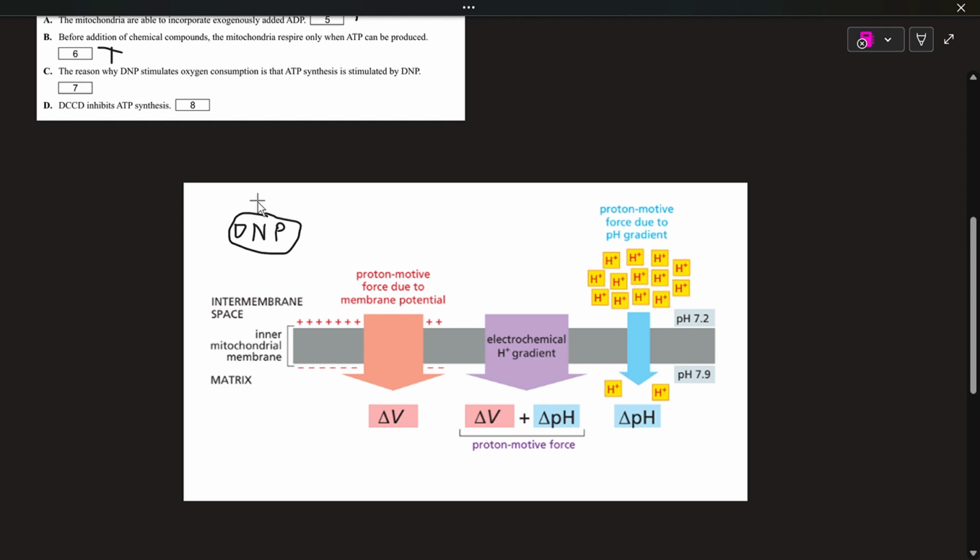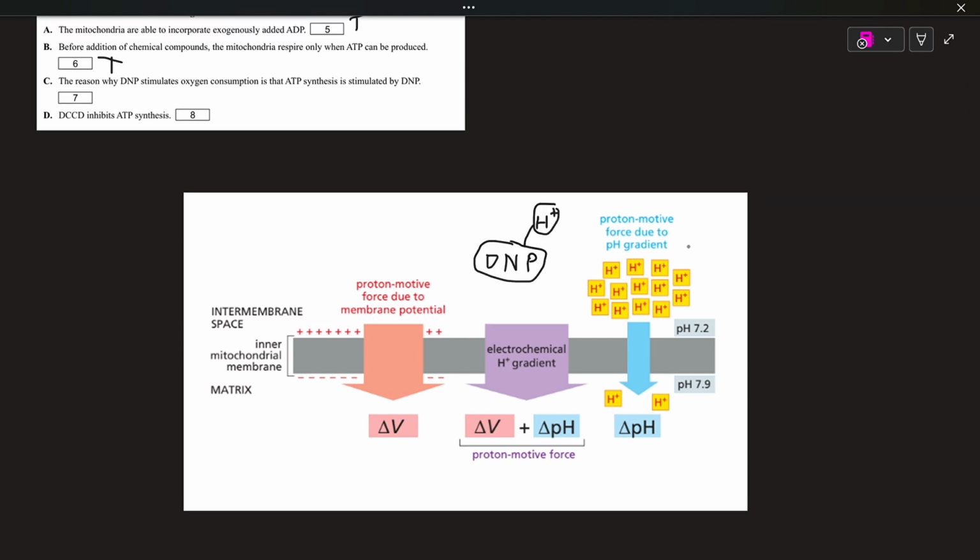So here's how it works. First, DNP is added to the suspension, then it stays in the intermembrane space. Then DNP takes one of these protons. When DNP carries this proton, it passes through the inner mitochondrial membrane without using the normal gateway, which is ATP synthase, because DNP is permeable.